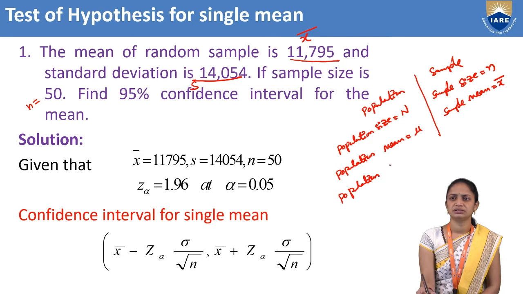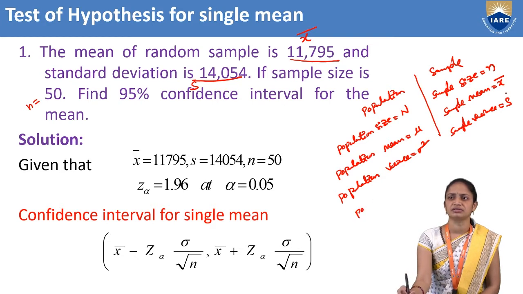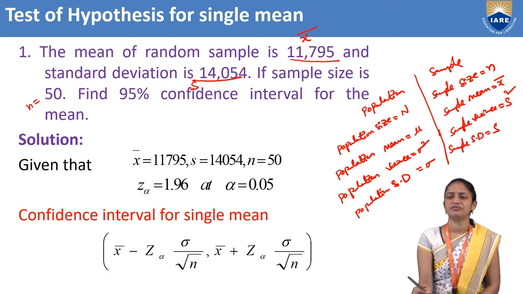Population variance is denoted with sigma square and the sample variance is denoted with s square. Population standard deviation is denoted with sigma and the sample standard deviation is denoted with s.